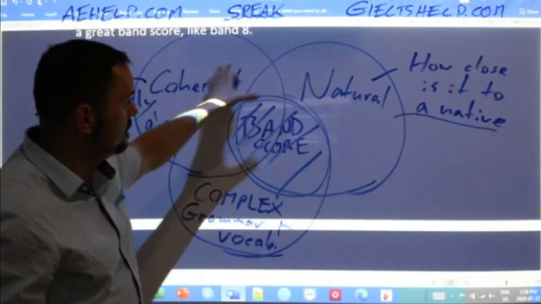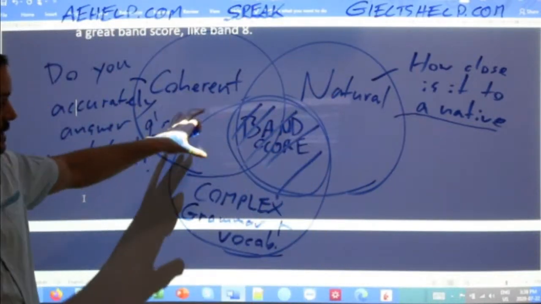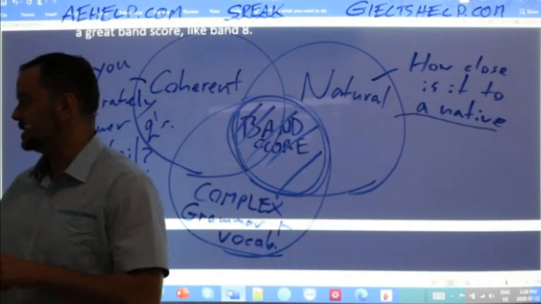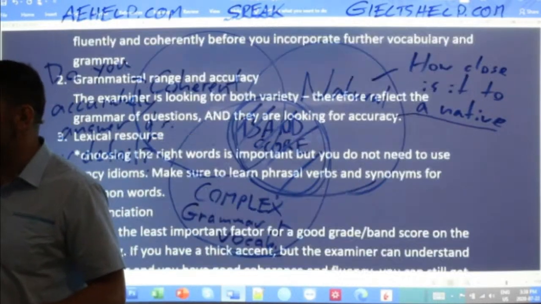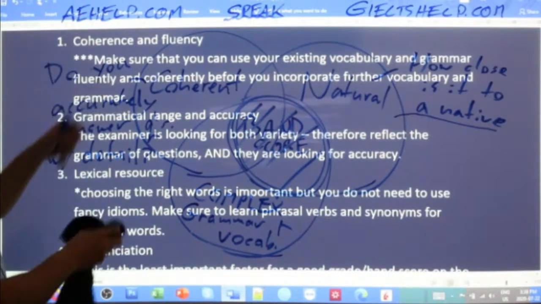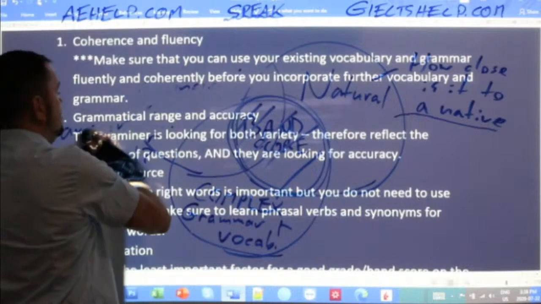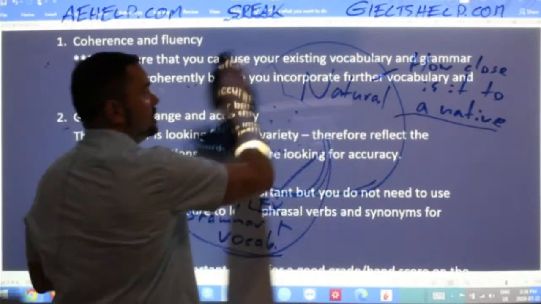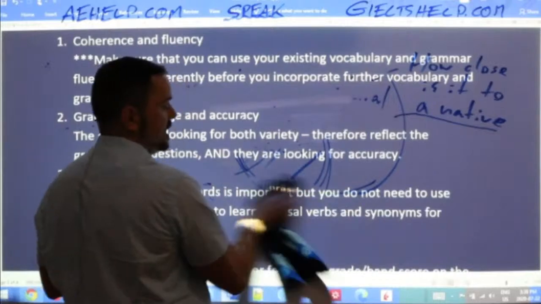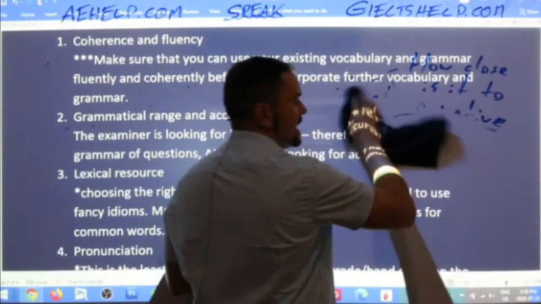So if you think about these three elements to make up your band score, and you think about this in combination with these four marking criteria: coherence and fluency, grammatical range and accuracy, lexical resource, and pronunciation, then it makes a lot of sense.